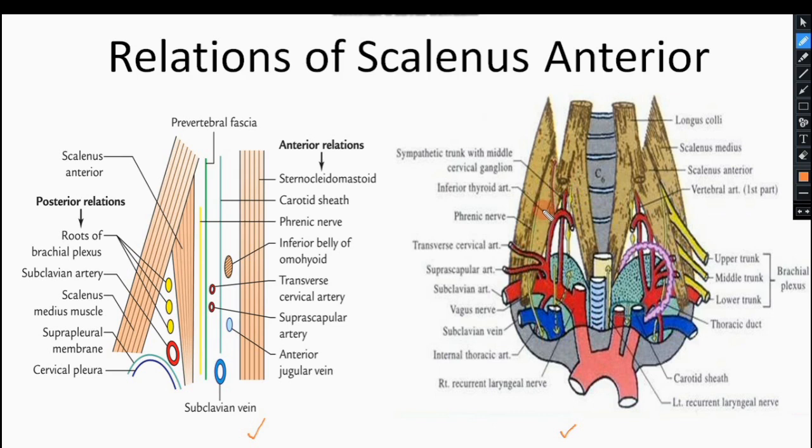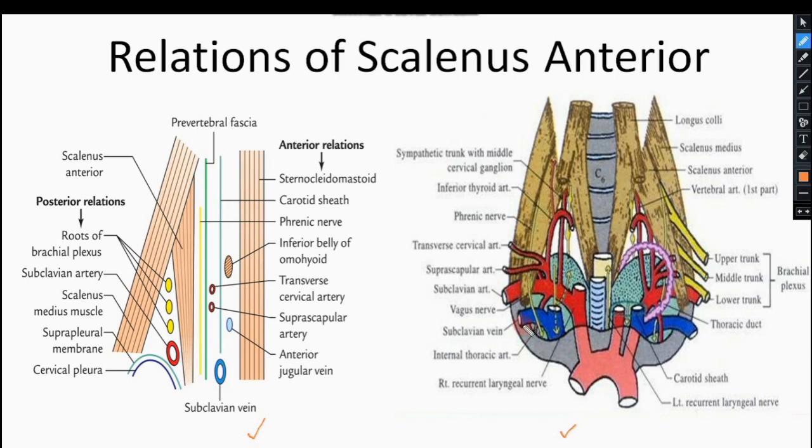Now moving from superficial to deep, first we see skin, then superficial fascia, then platysma, then investing deep cervical fascia over this scalenus anterior. Clear? Then further we are moving deeper, we see a clavicle. See, this is the clavicle.